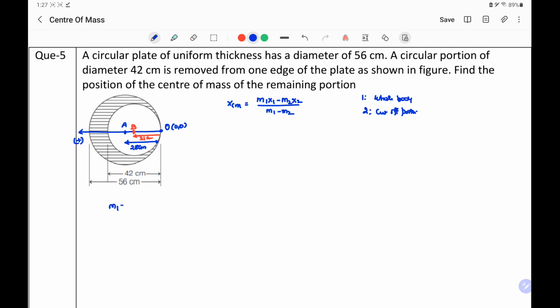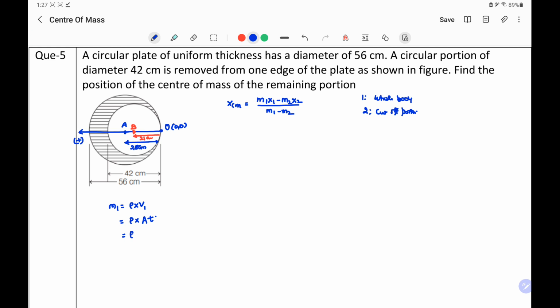M1 is the mass of the whole body, so it is density into volume. So density will be rho, which is the same for the whole body, cutoff portion or remaining portion, while the volume of the whole body will be area of the plate into thickness of the plate.